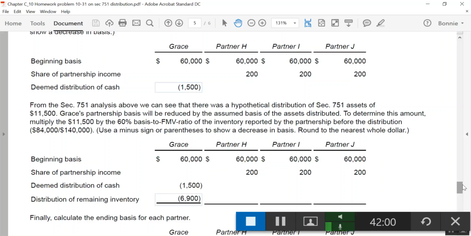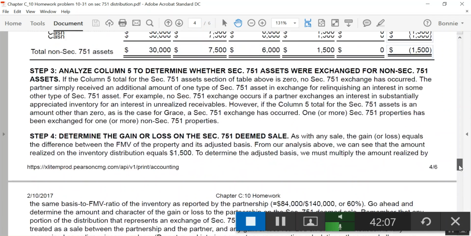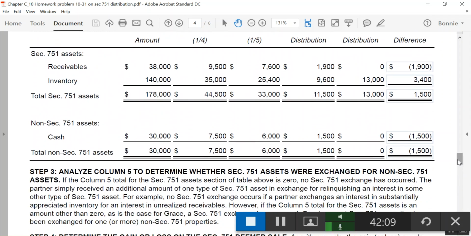You go up to the hypothetical distribution of 751 assets above, which shows her hypothetical distribution of cash is 1,500, and her hypothetical distribution of the inventory is 11,500.